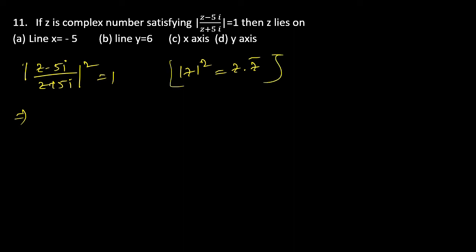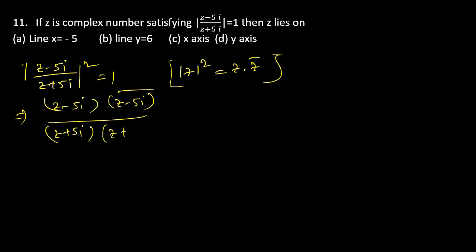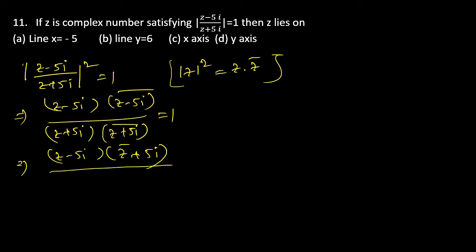We get z minus 5i into z minus 5i whole bar by z plus 5i into z plus 5i whole bar equal to 1. This means z minus 5i into z bar plus 5i, since i bar means minus i, by z plus 5i into z bar minus 5i, since i bar is minus i.